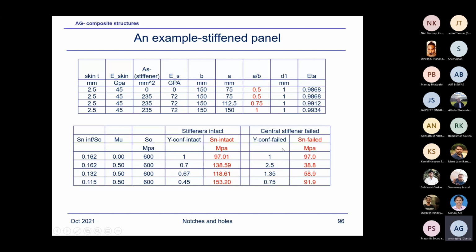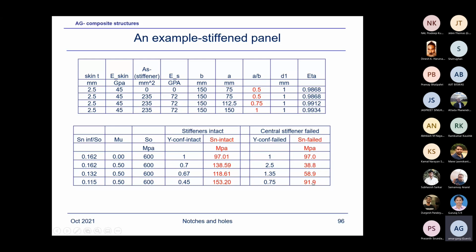And then when the central stiffener has failed, you can see for the same crack length, when the stiffener is intact, say when crack length is over here, a, 112 millimeters, this is say 118, is only almost half. Here 153, 91.